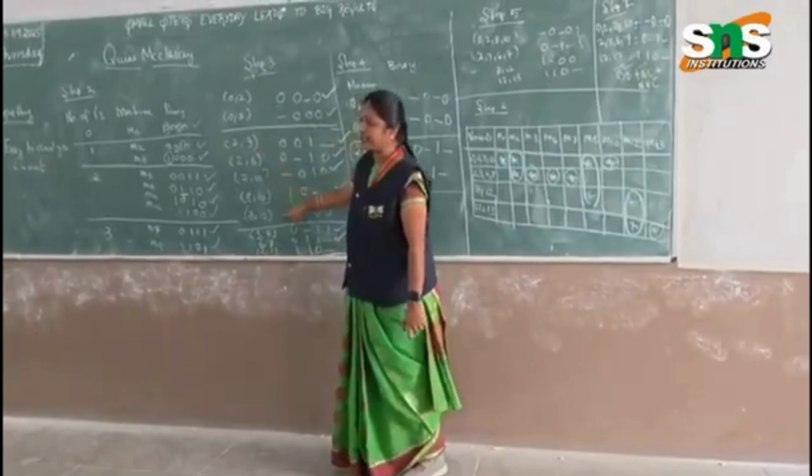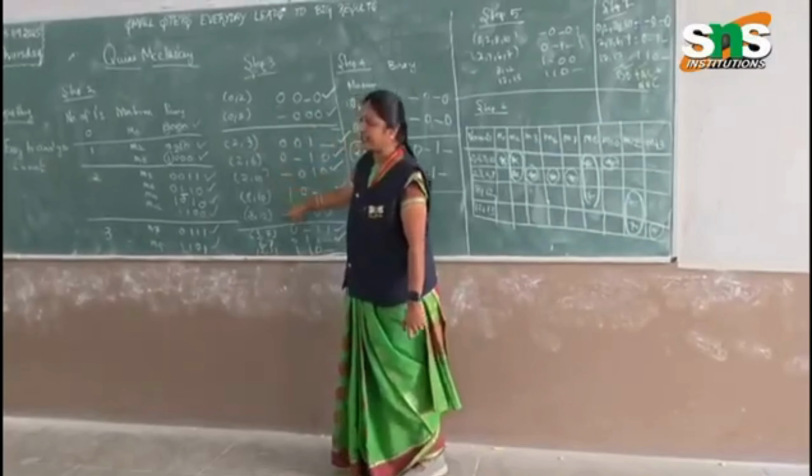Step 5 is to list out the prime implicants and essential implicants. What is a prime implicant? The terms that cannot combine with any other terms are called prime implicants. Essential implicants are the terms combined with at least one other term. So I have listed 0, 8 as an essential implicant, and 8, 12 and 12, 13 as prime implicants.